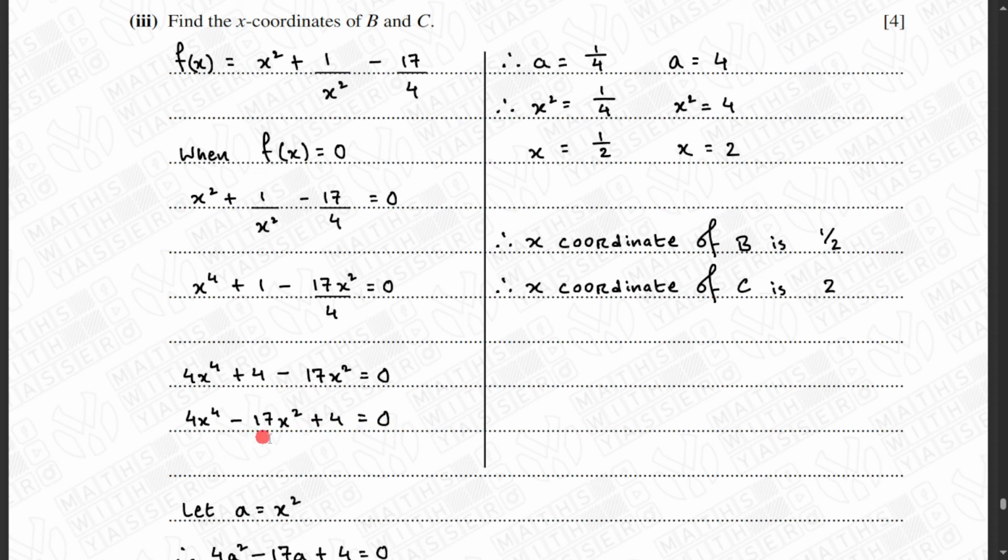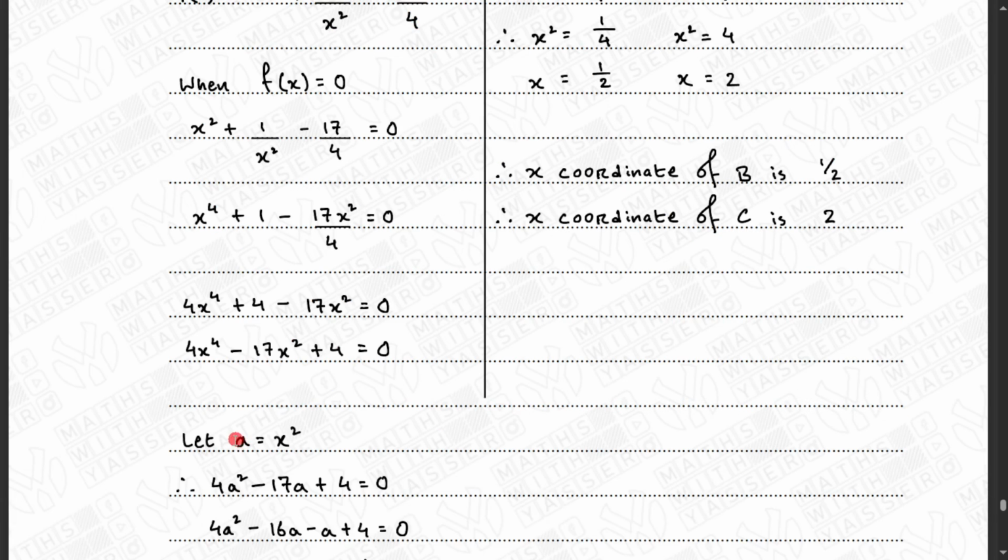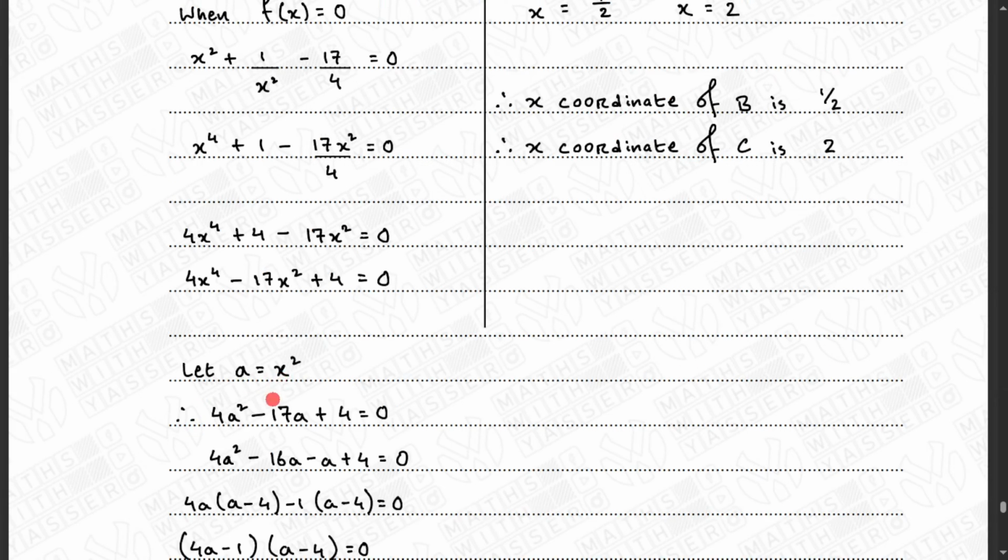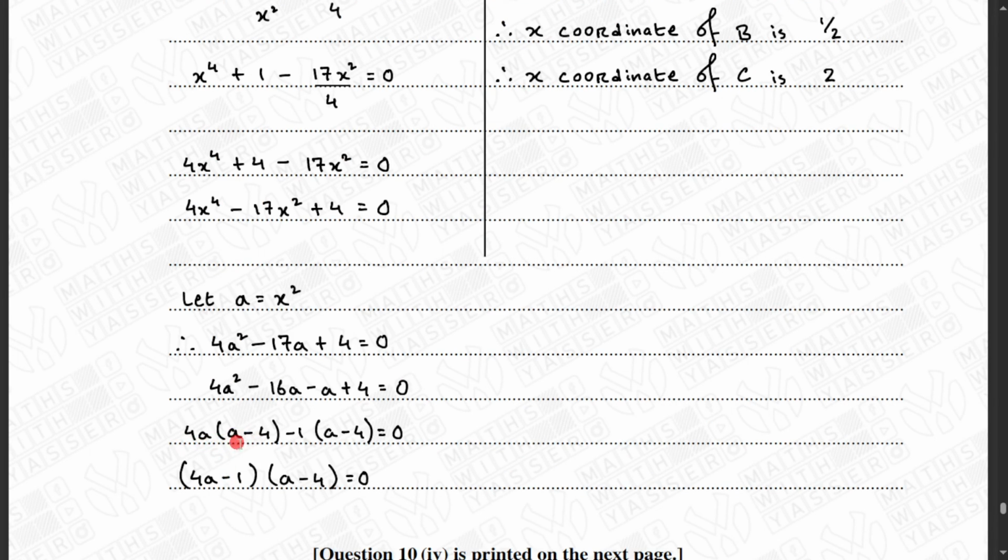So I can rewrite this as 4x to the power 4 minus 17x square plus 4 equals 0. And I can clearly see that I can form a quadratic equation by manipulating x to the power 4. So if I consider a to be x square, a square will be x to the power 4 and a is just x square. So 4a square minus 17a plus 4 is equal to 0. I can do the middle term break and I get 4a square minus 16a minus a plus 4 equals 0. Then I can take 4a common and I get a minus 4 within brackets. And if I take minus 1 common, I get a minus 4 again within brackets.